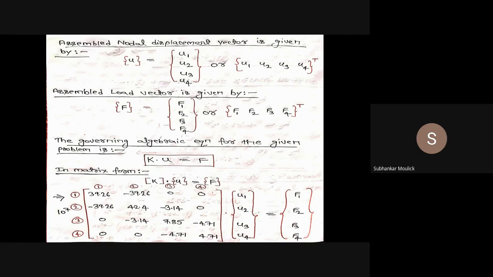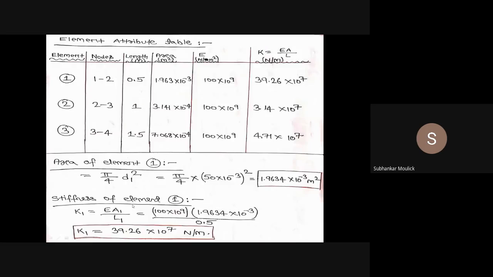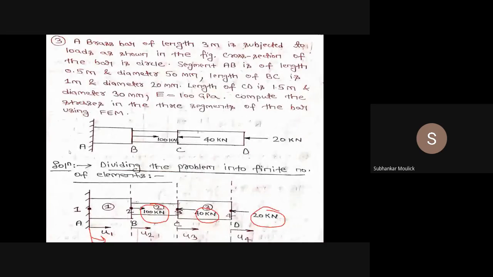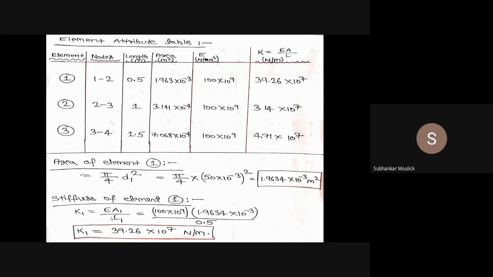Next, if you want to solve this algebraic equation, first you have to see whether any boundary condition is present or not. In this problem, at the extreme left end, it is fixed. That means node 1 is fixed, so displacement at node 1 is 0. That means U1 is 0.